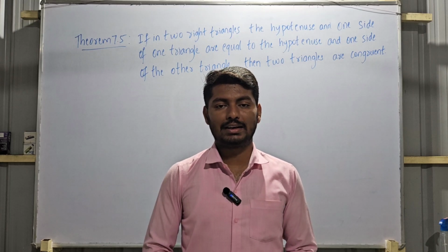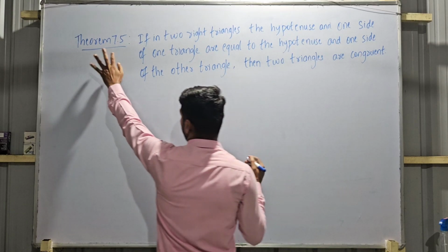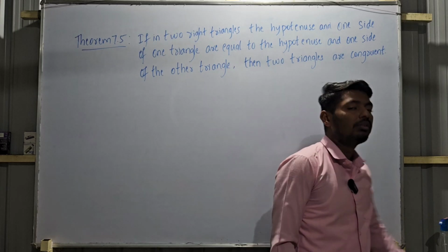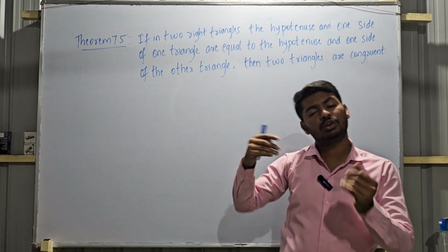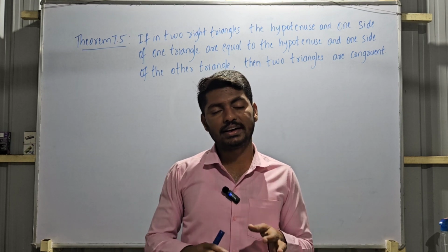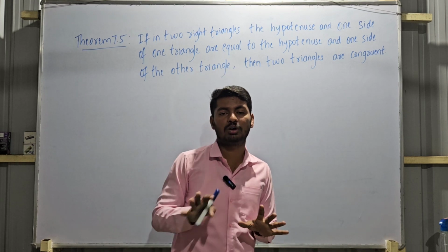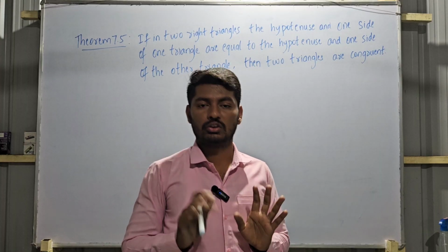Okay, students, let us now discuss the last criteria of the congruency of two triangles, that is theorem number 7.5. What does the statement mean? If in any two right angle triangles, the hypotenuse and one side of one triangle are equal to the hypotenuse and one side of another triangle, then the two triangles are congruent.